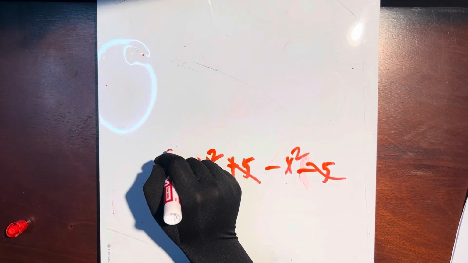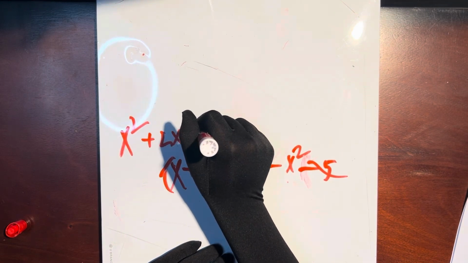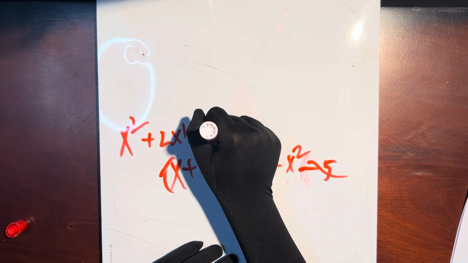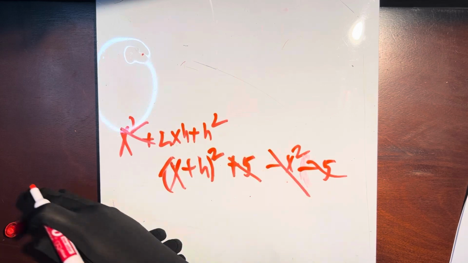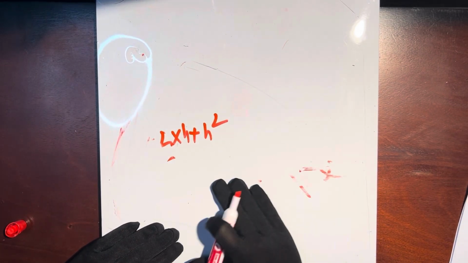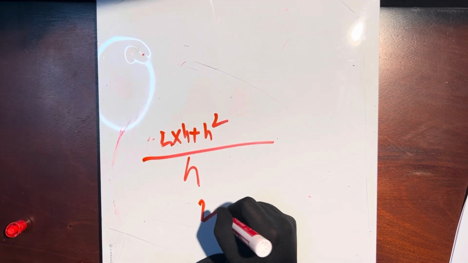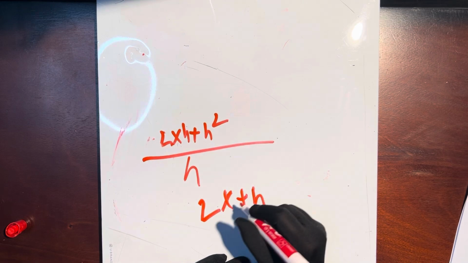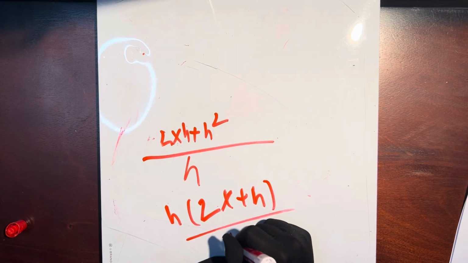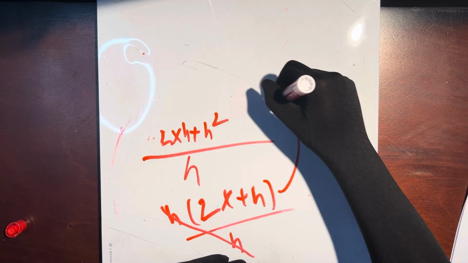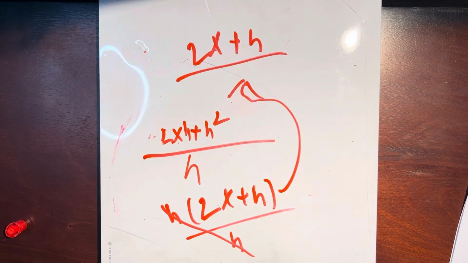You would multiply this guy out to x squared plus 2xh plus h squared, which would subtract this guy, and you'd be left with 2xh plus h squared over h. You could take an h out, the h's would cross out, and you'd be left with 2x plus h in your answer.